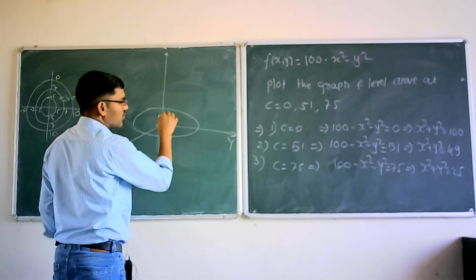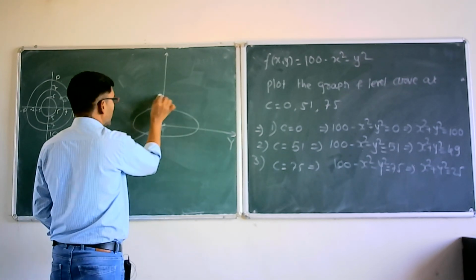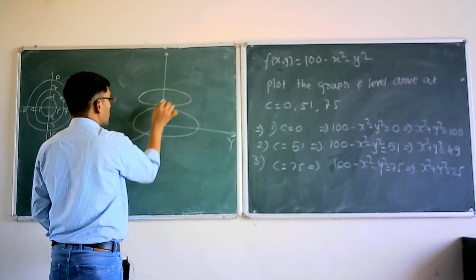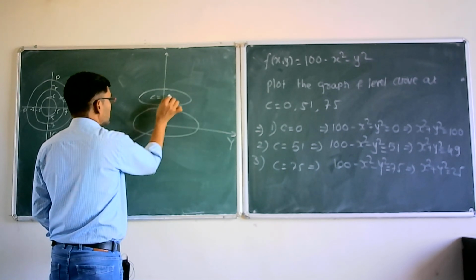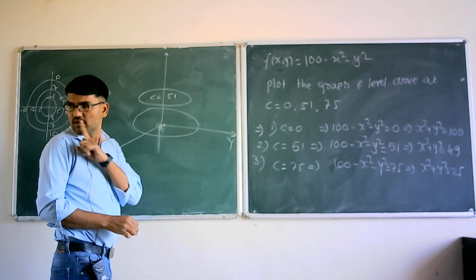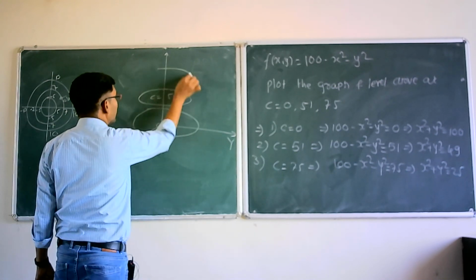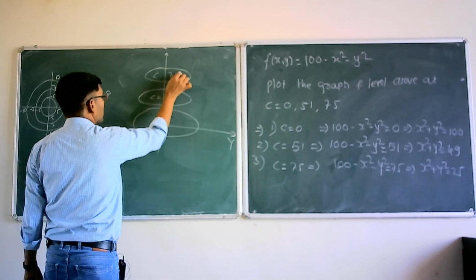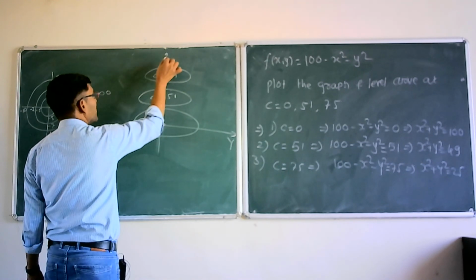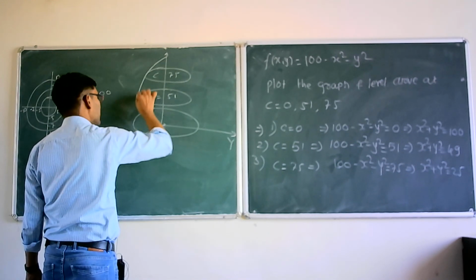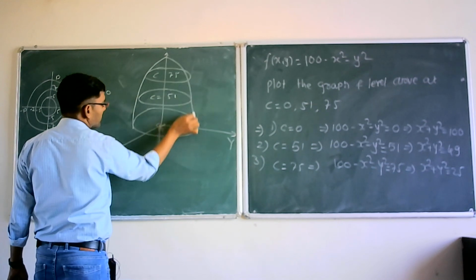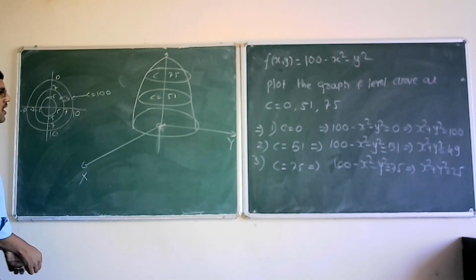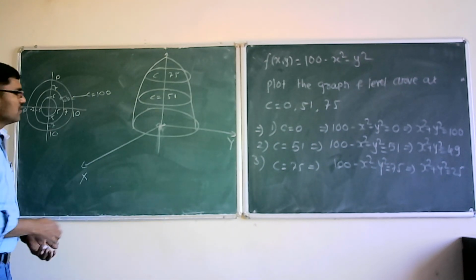As c increases, c is equal to 51, then next c is equal to 75. And next if you take c is equal to 100, then you will get such a type of graph of the given equation. Okay, this is the graph.